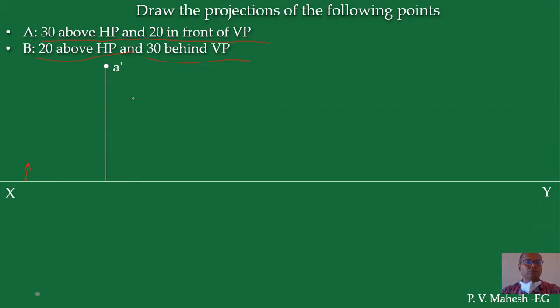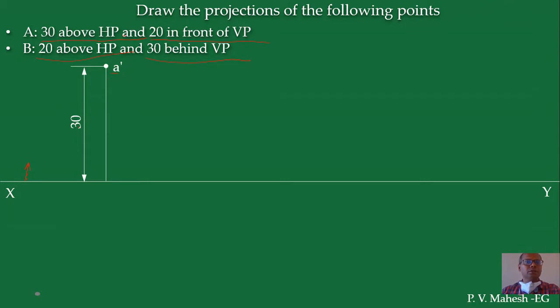The front view of capital A is represented by a small case letter a with a hyphen. What is the distance? 30 mm above HP means 30 mm above XY line. So the object is 30 mm above HP, and the front view is 30 mm above XY.